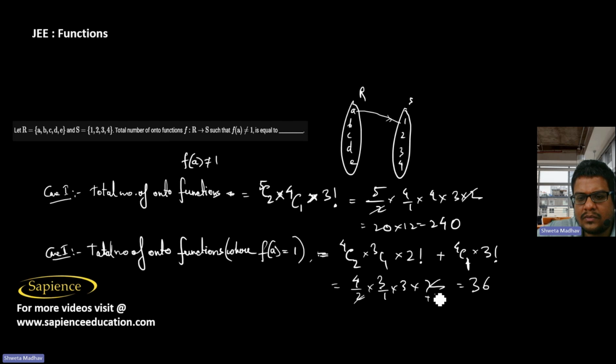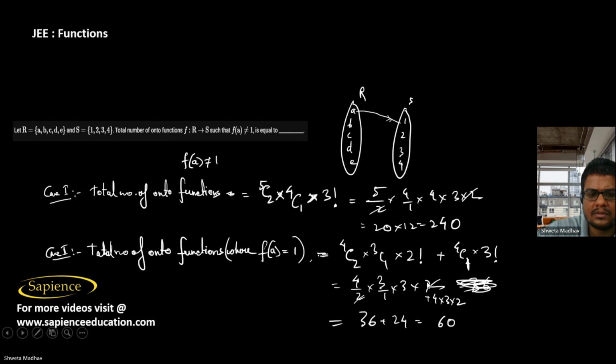So this plus 4 into 3 into 2 and 3 into 2. So this will be 4 3s are 12, 12 3s are 36, 36 plus 4 3s are 12, 12 2s are 24. So this will be, okay, this will be 60.